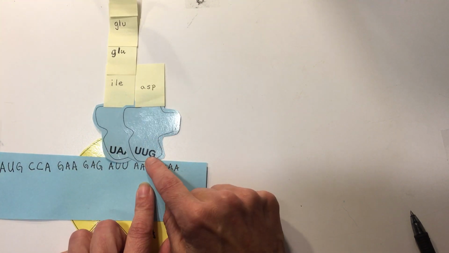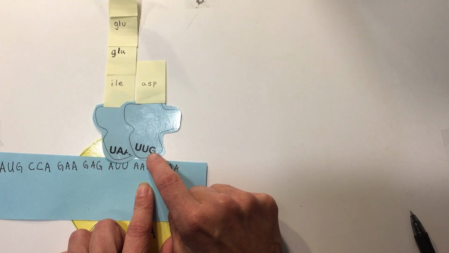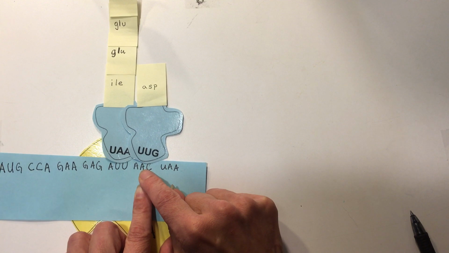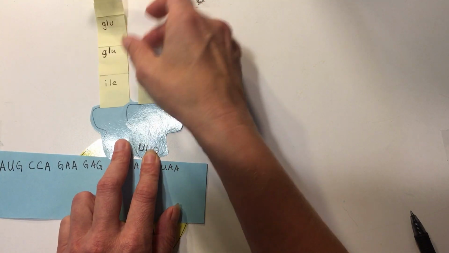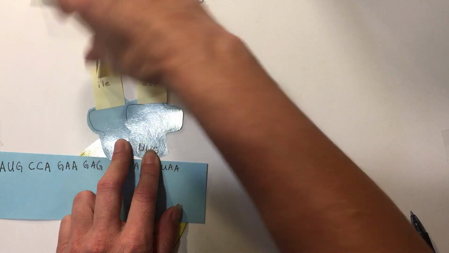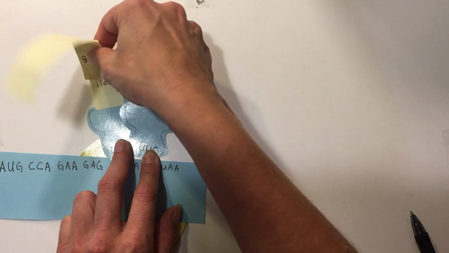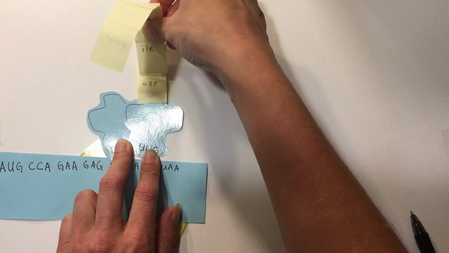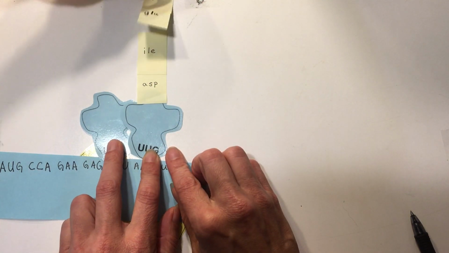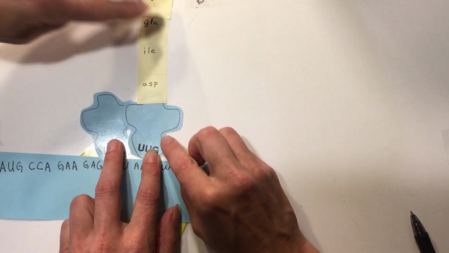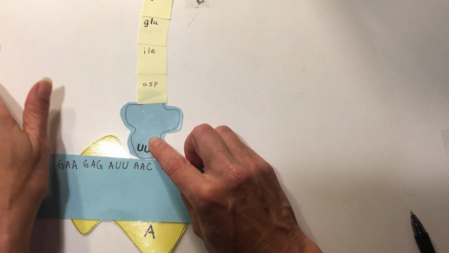If you look, this anticodon, which is on our tRNA, is complementary to our codon. And the new growing polypeptide, whoa, it broke apart. Our new growing polypeptide chain is going to attach. And our tRNA is going to move.